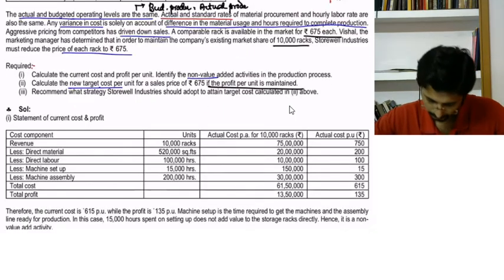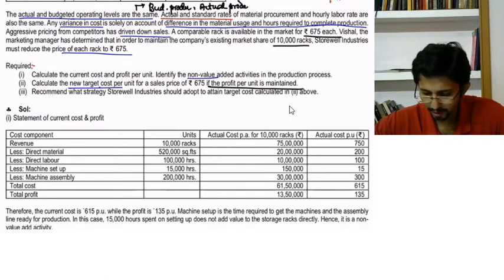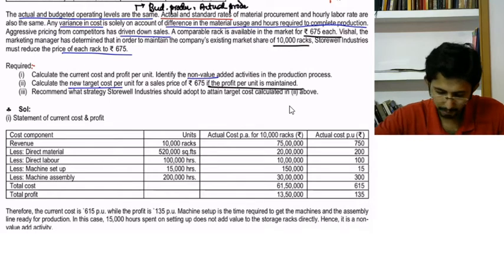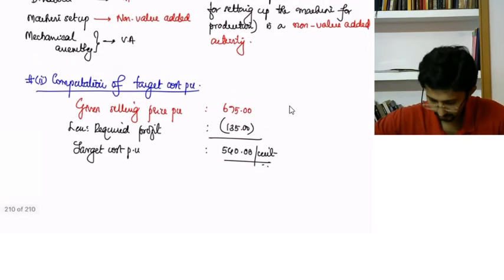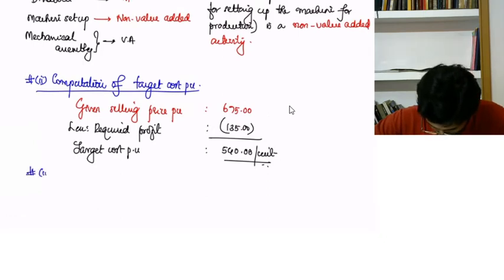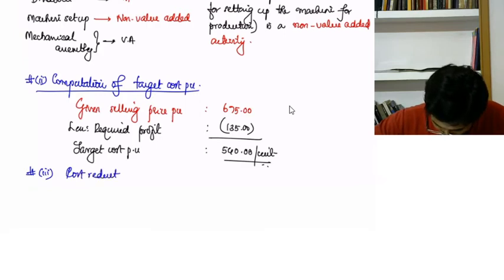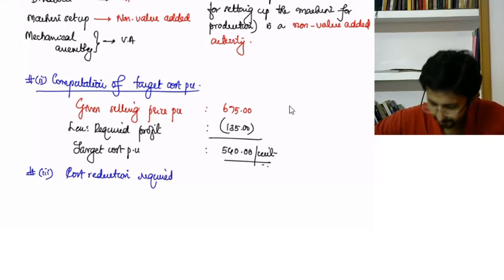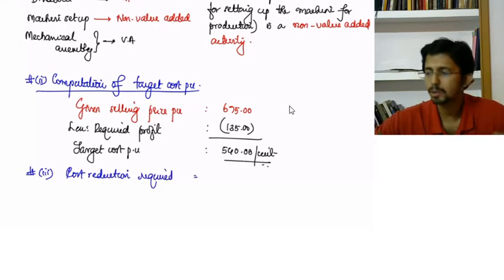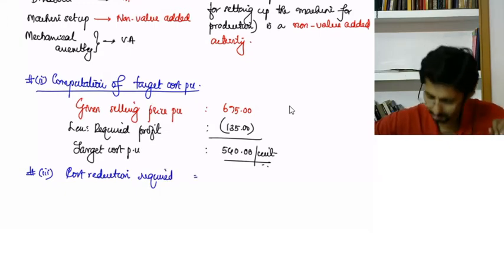Okay. Then what is the next question? Sub question. If the price is recommended, what strategy should Stockwell Industry adopt to attain the target cost calculated in step 2 above? So cost reduction required is equal to actual cost has to be brought down to target cost.